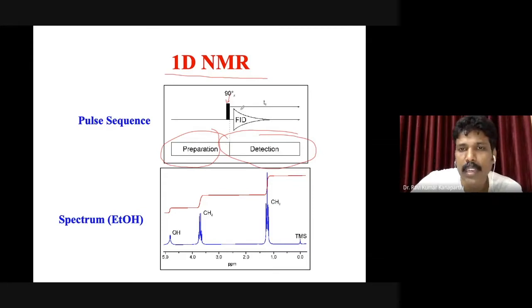Just after that, we switch off the pulse and the signal decays. Detection is nothing but recording the FID, the free induction decay. Once you detect the FID, it is processed and you get the spectrum. This spectral information we try to interpret to get the appropriate molecular structure. That is what is generally done in NMR.